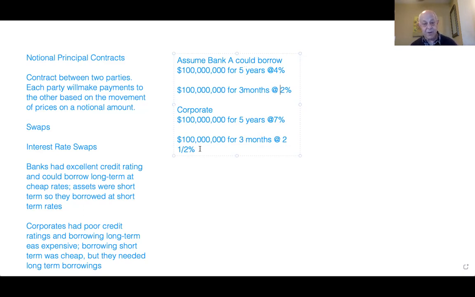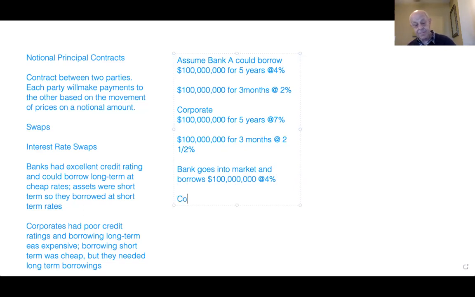So what they do is the bank goes into the marketplace and borrows 100 million at 4%. And remember, that's not a borrowing they really want to do.